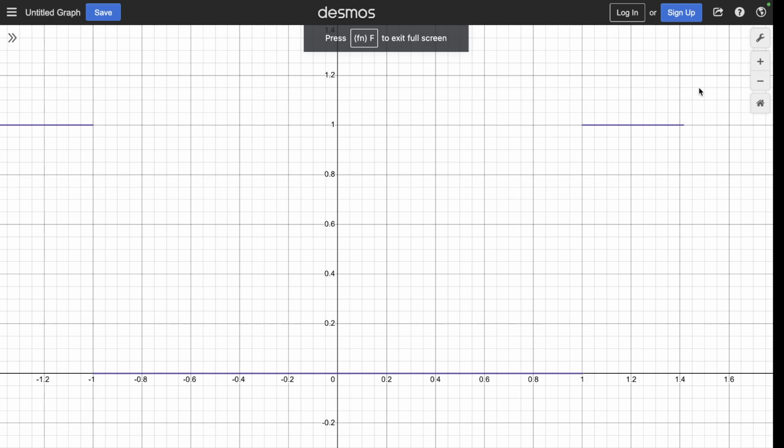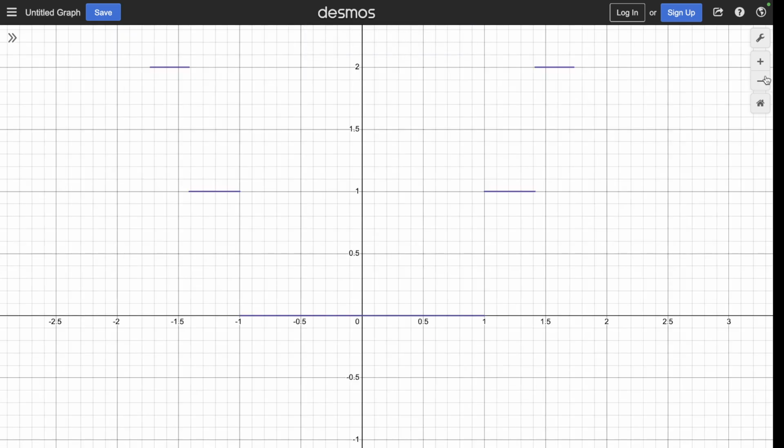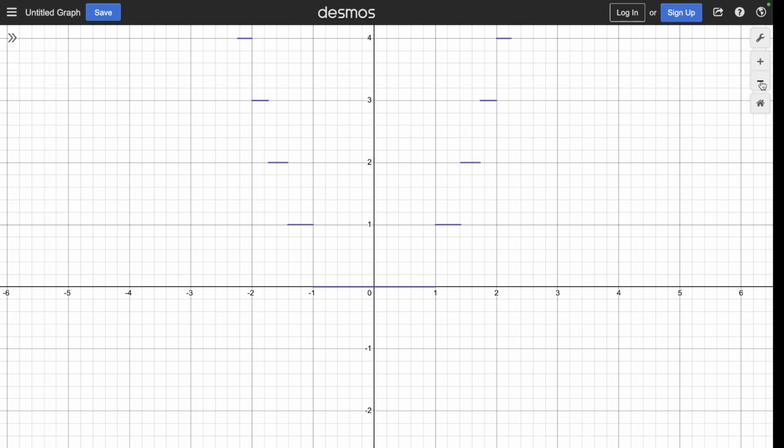And this is the graph of floor x square. When minus 1 is less than x and x is less than 1, we get floor x square is 0.